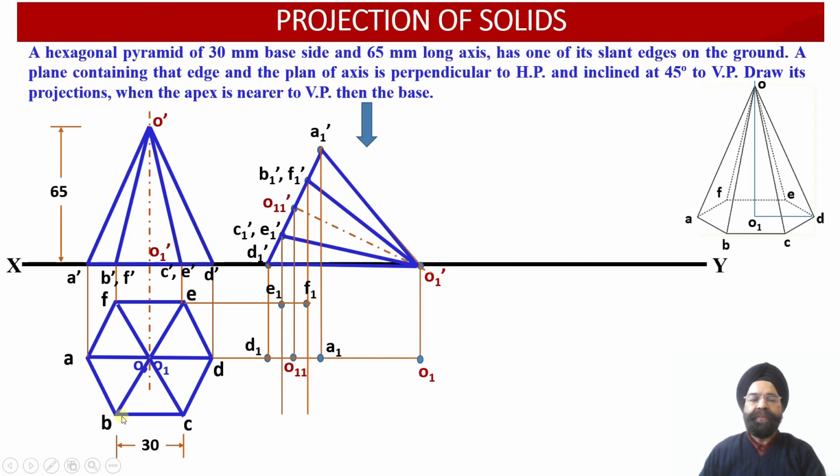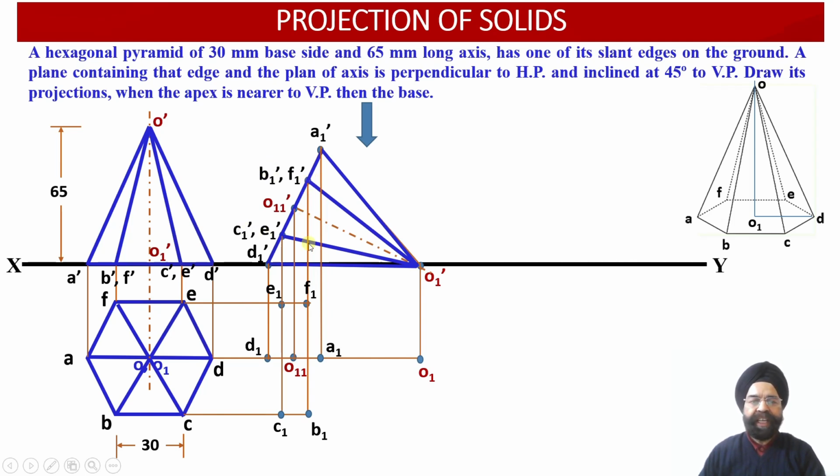And finally, we have got these 2 points over here, B and C. So through B and C, again we have drawn a horizontal projector line, which will be intersecting with vertical projectors drawn through points B1 dash and C1 dash. So this is B1 dash.